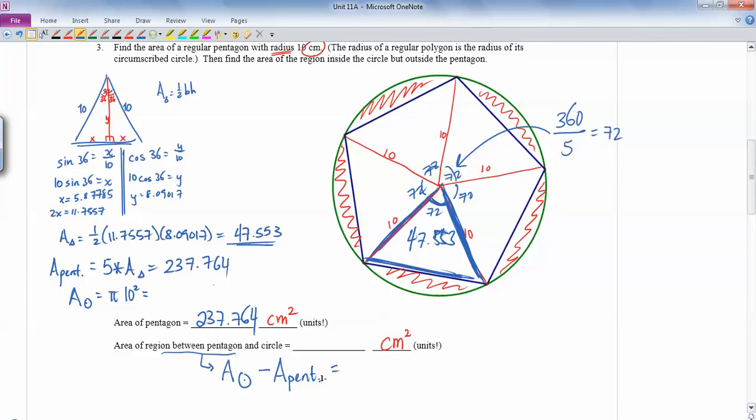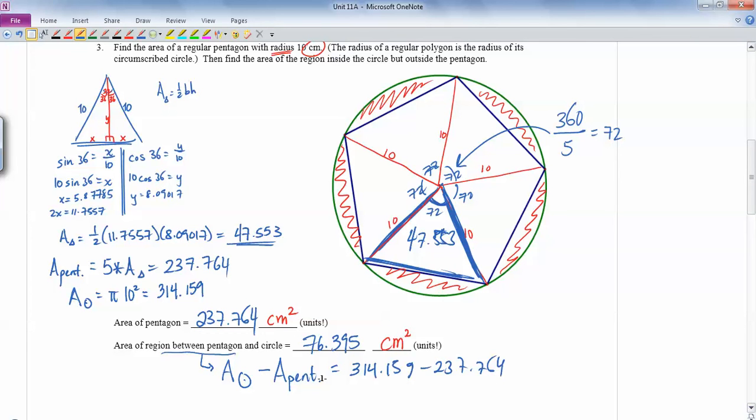And if you plug that into a calculator, you get 100 pi, which is 314.159. So this would be 314.159-ish minus 237.764-ish. And then all that comes out to be 76.395 centimeters squared.